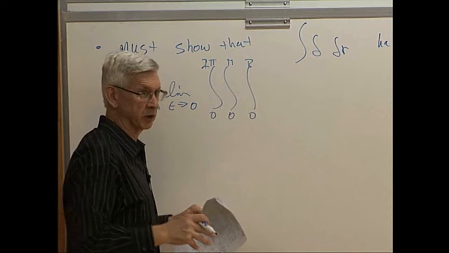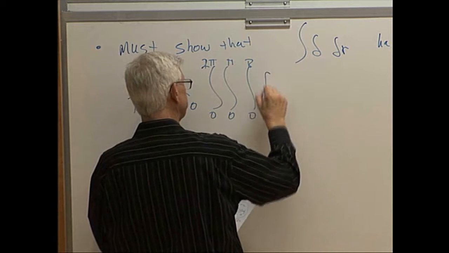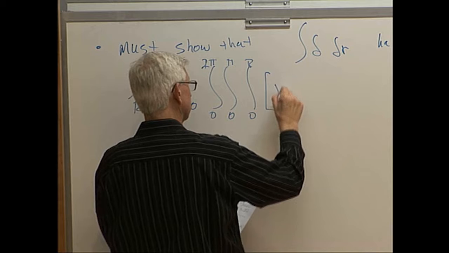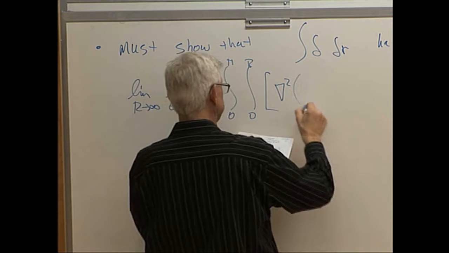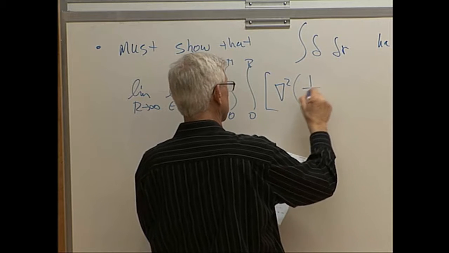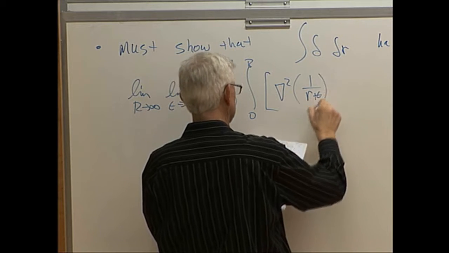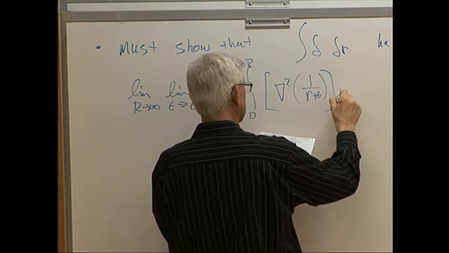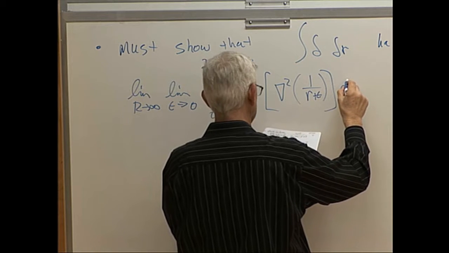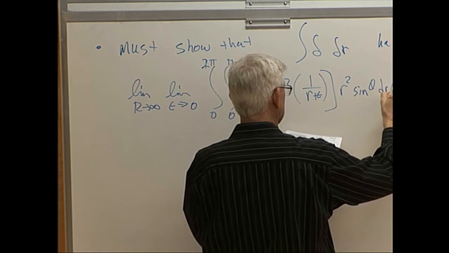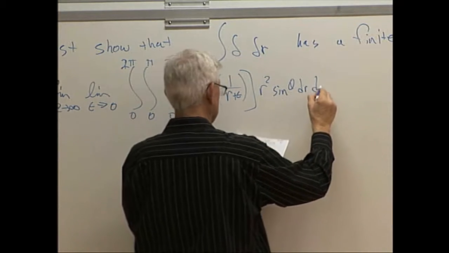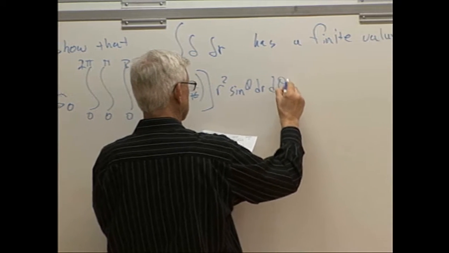That's just all the volume of space. And then the Laplacian on 1 over r plus epsilon, and then the spherical differential volume, r squared sine theta dr d theta d phi.